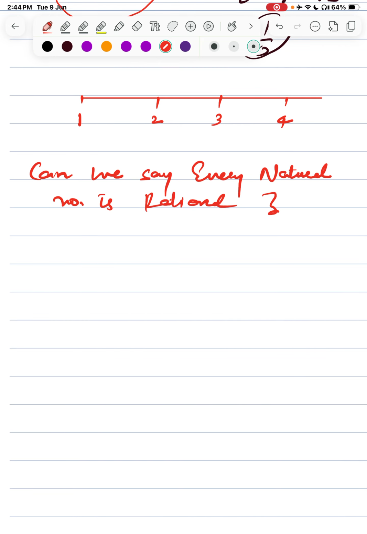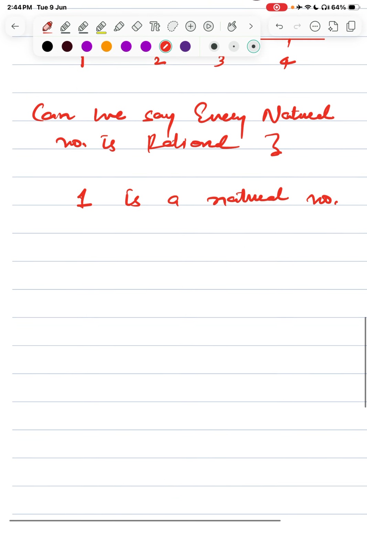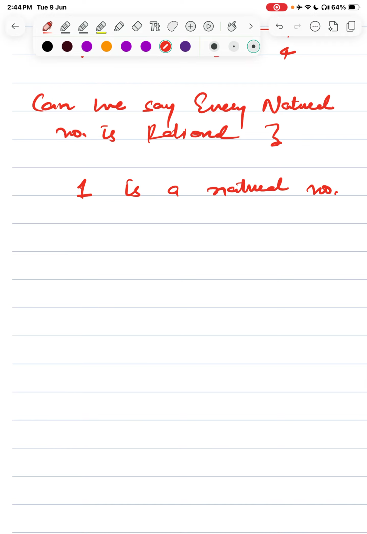Let's take the number 1. 1 is a natural number. A number is rational if 1 can be represented as p by q. If I am able to write 1 = p/q, then we will say it is rational.